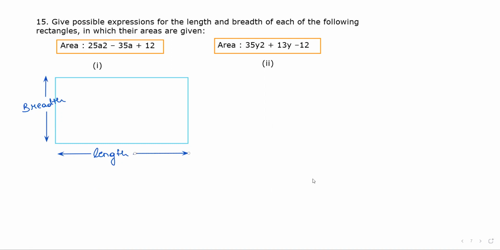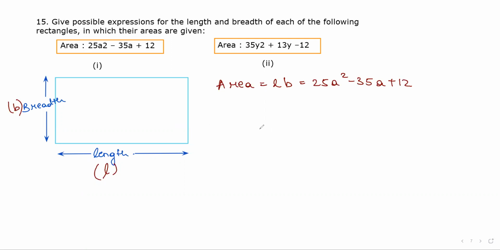We will allot them length L and breadth B. We know that area is equal to length into breadth. But the area given is equal to 25A square minus 35A plus 12.